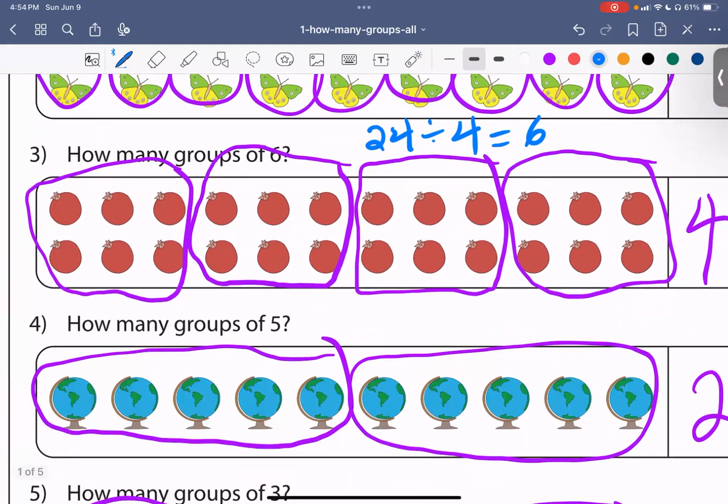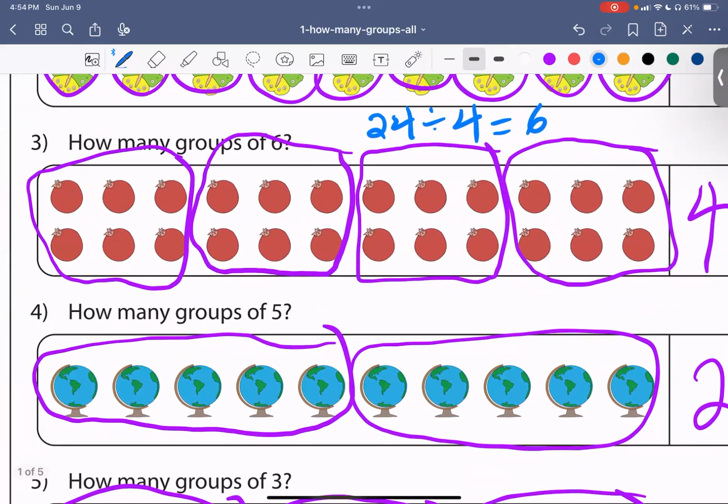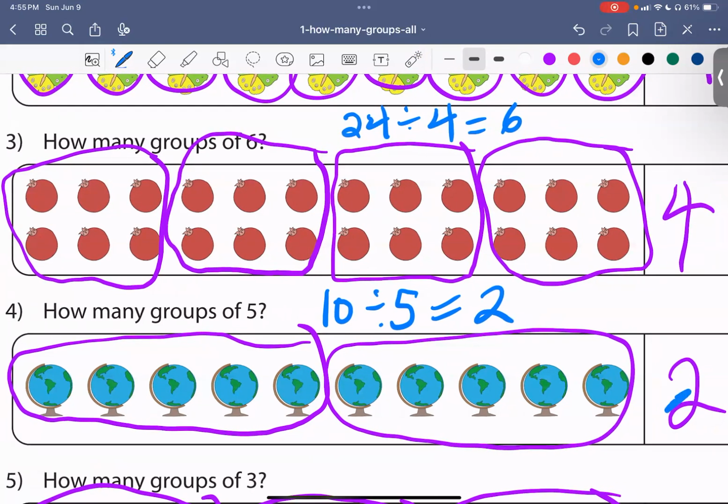How many groups of 5 was this? We had 2 groups of 5. So total 5 plus 5 is 10, or 5 times 2 is 10. So 10 divided by groups of 5, we had 2 groups of 5. Okay?